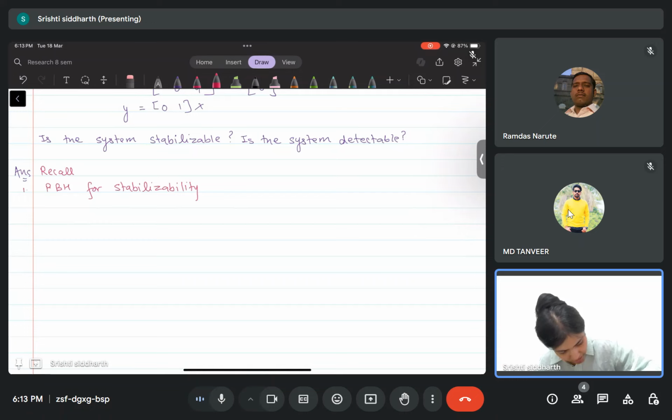The matrices that we talk about for controllability and stabilizability are the same. So that's the rank of [A minus lambda I, B]. That should be equal to the order of the system. And for stabilizability, we want lambda such that their real parts are greater than or equal to 0, so for all such complex lambda.